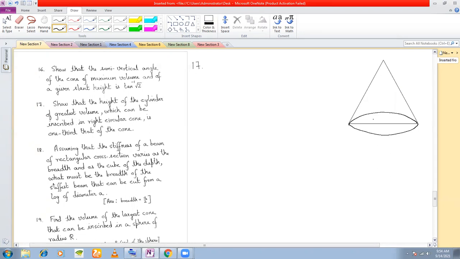This is a cone given to you, and you are cutting out a right circular cylinder from this.